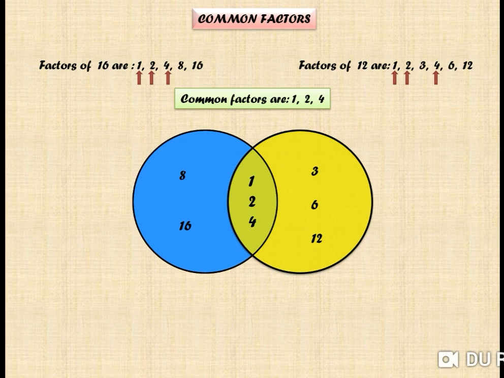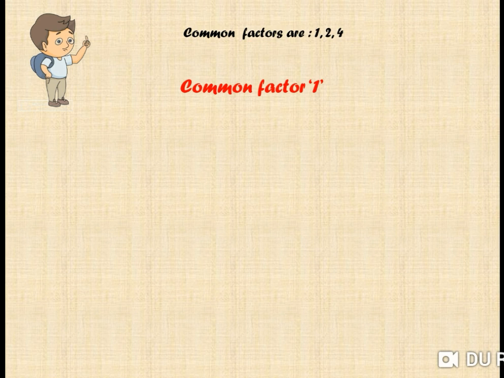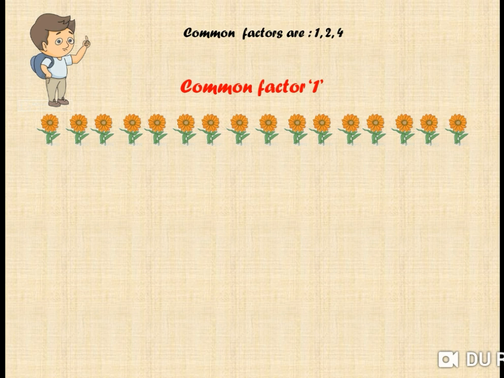Let us see how he uses the common factor in his task. John uses the common factors 1, 2 and 4. First he is using common factor 1, means he is arranging the flowers in one row, means he is putting 16 orange flowers in one row.